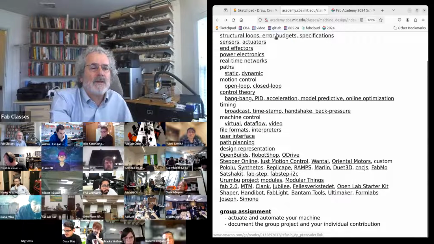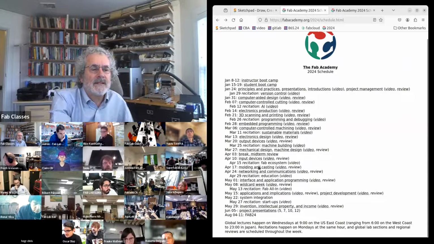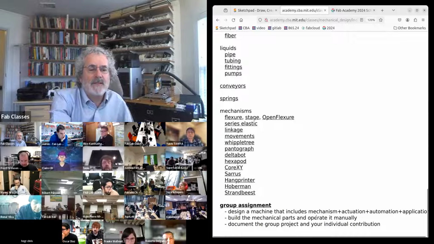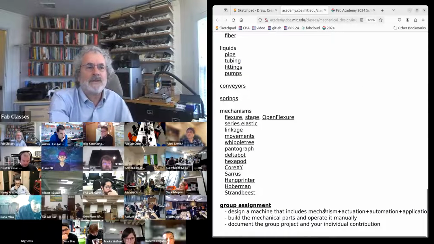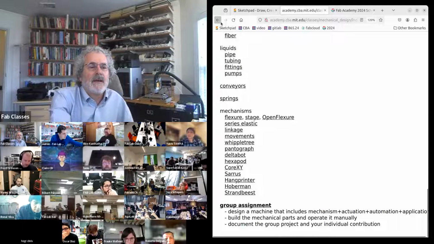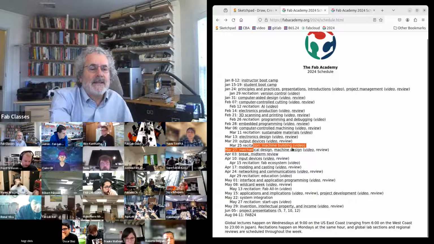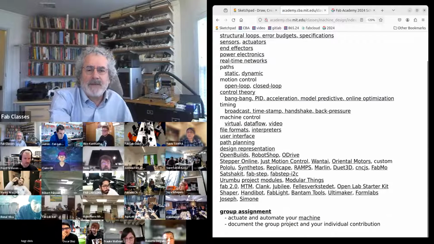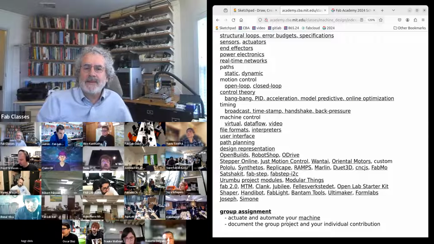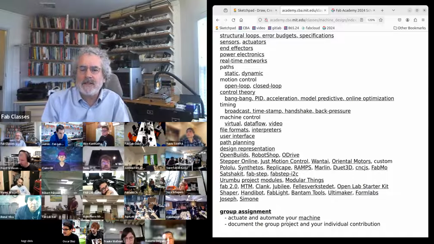And what I want you to do is, as a group, come up with a machine, mechanism, actuation, and automation. Build it and program it. As a group, make group documentation, individually cover what you did.